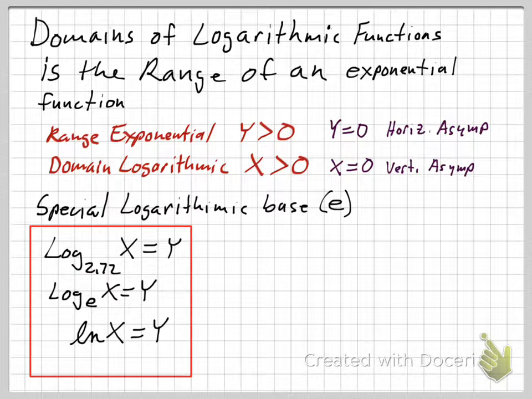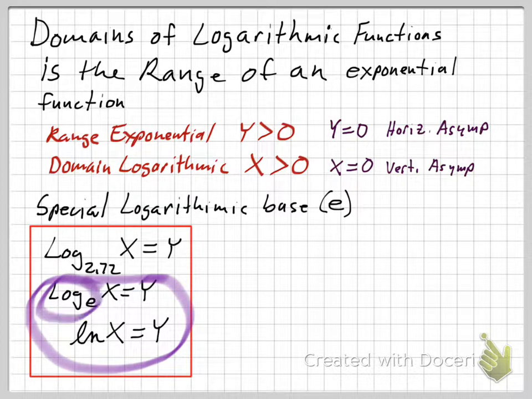It's an irrational magic number. And instead of saying log base e, we just call it the natural log. But it's very important that you remember that these are identical. Saying this and this and this are the same thing.